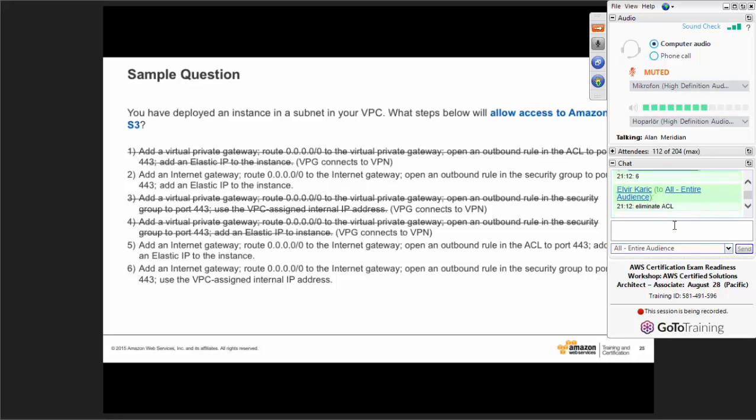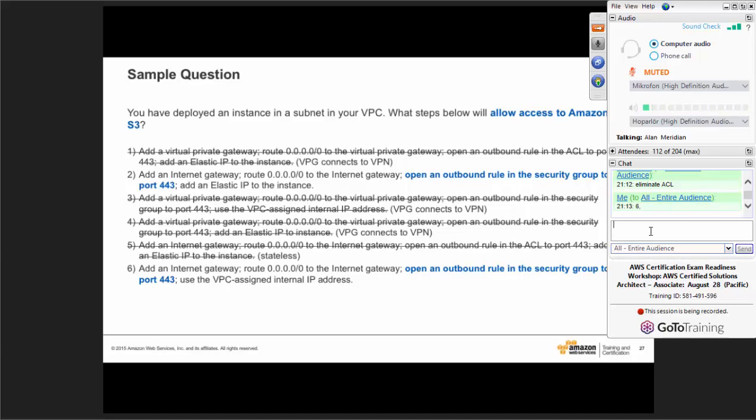So we're talking about security group, ACL, or another security group. You can eliminate the ACL one, because remember, ACLs are stateless. So you have to have rules for both directions. If you open an outbound rule and you don't open an inbound rule, the traffic won't come back. So that one can't be right.